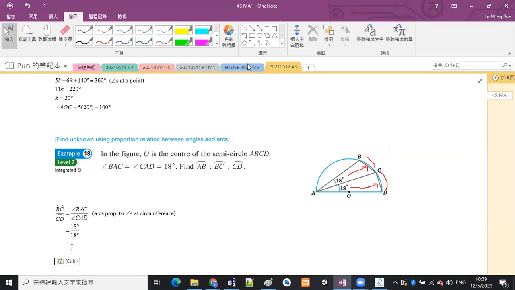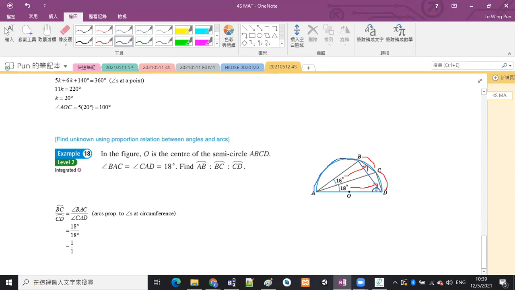So we need to join some lines here. I need to join BD. Can you see that angle BDA is an angle at circumference, which is looking at the arc AB? Okay, do you understand this?